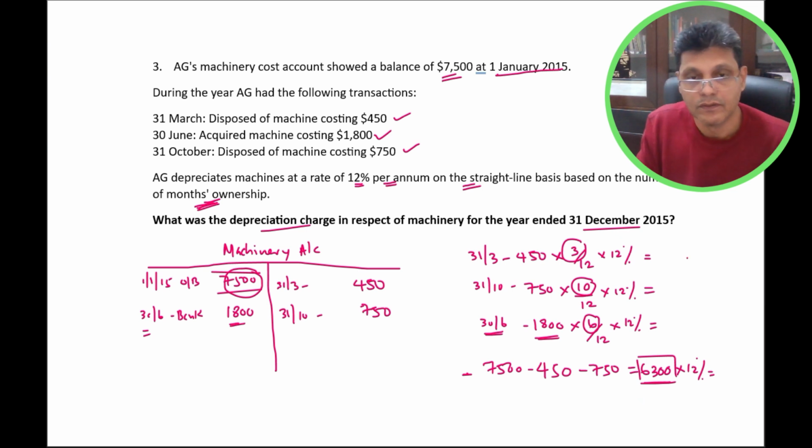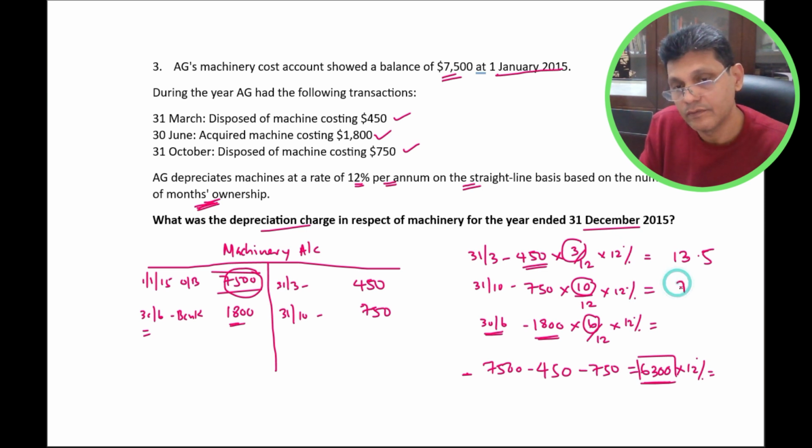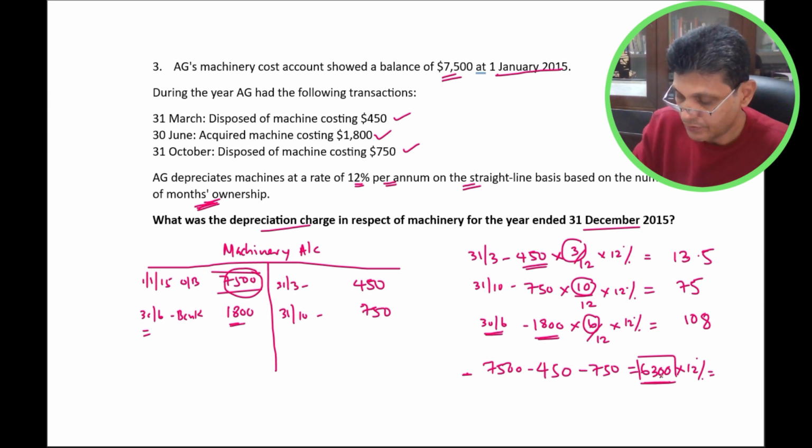Okay, so when you take the depreciation for this 450 for 3 months, that will be 13.5. Then 750 for 10 months at the rate of 12%, it's going to be 75. 1,800 times 12% times 6 months will be 108, and plus 6,300 times 12%, which is going to be 756.